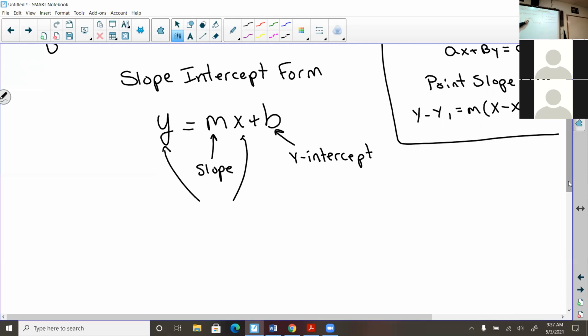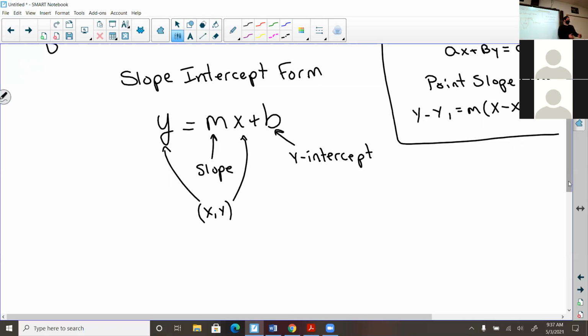The x and the y in this equation are in terms of a coordinate point. So if I want to find one of the missing values, most likely we've been given a coordinate point, and then we either know the y-intercept or we know the slope. So we're always going to know 3 out of 4 of the variables. It's plugging in what we know and solving for what we don't.